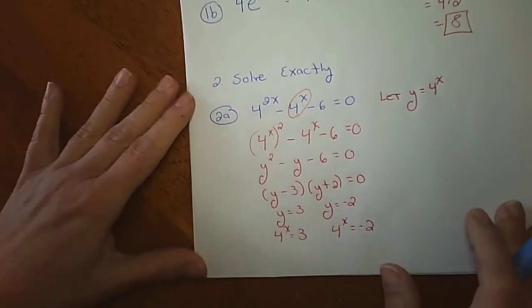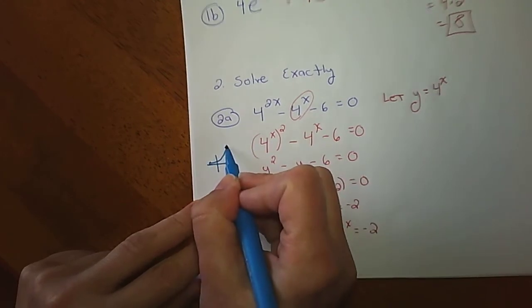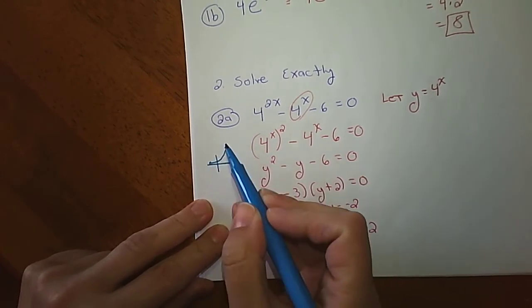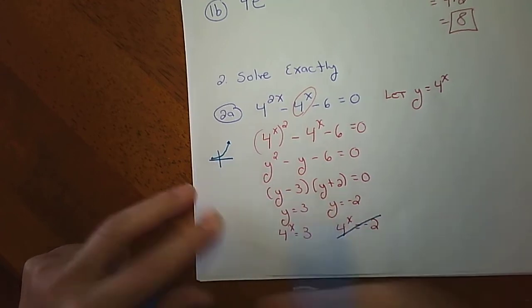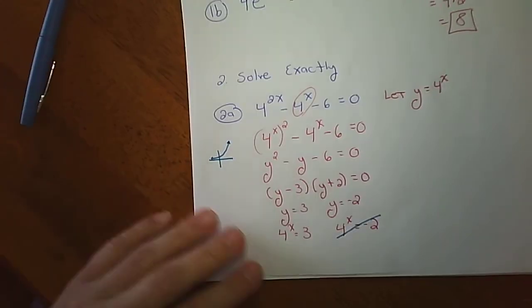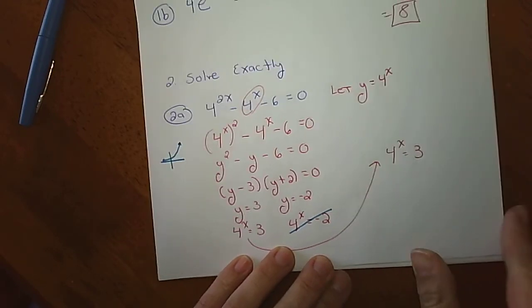The reason why is if you graph an exponential equation, it looks like that. It's always positive and it doesn't hit the x-axis. That's why I'm rejecting it. So now I'm just going to bring this over here. We're left with 4 to the x equals 3.